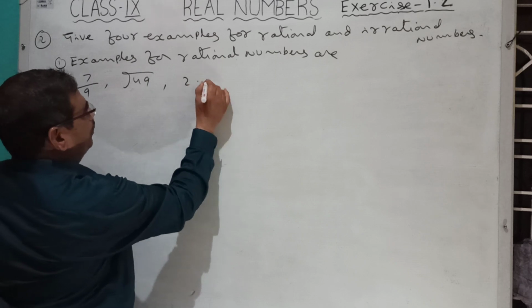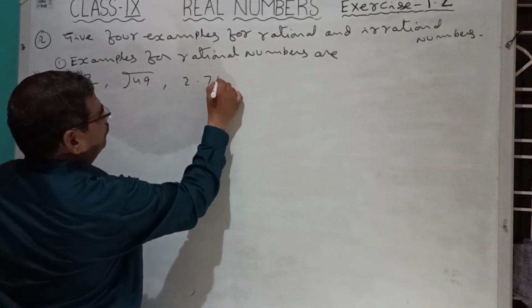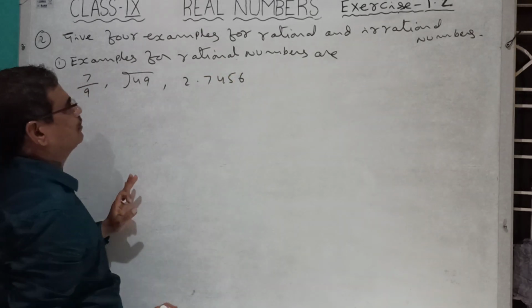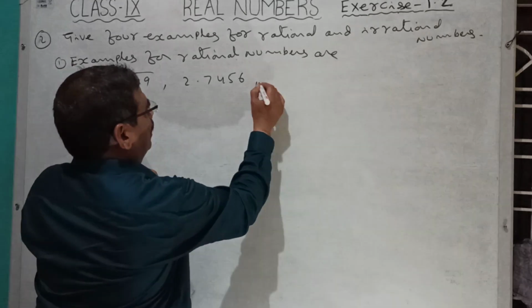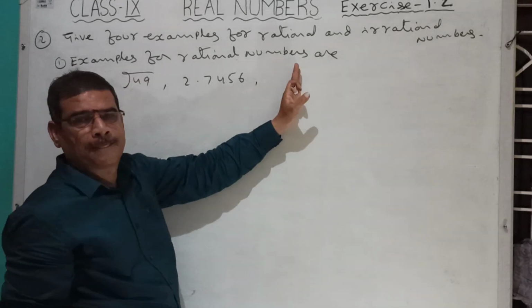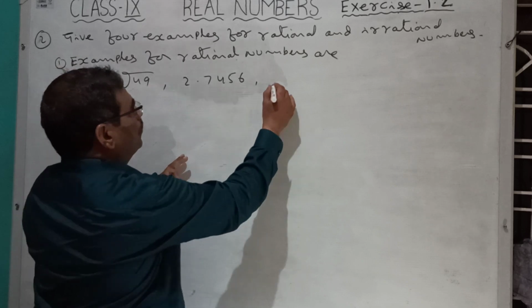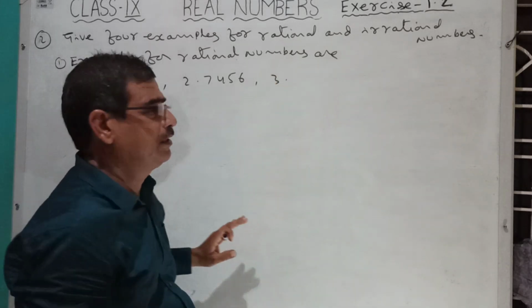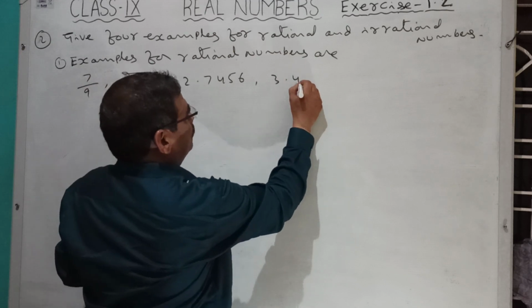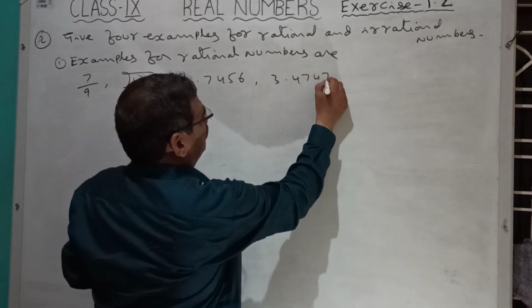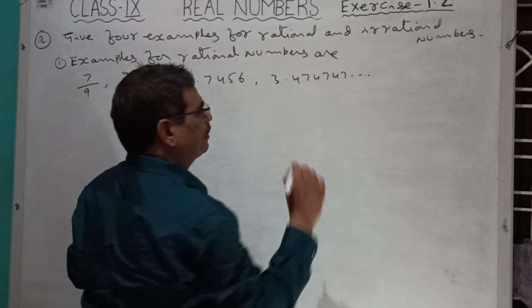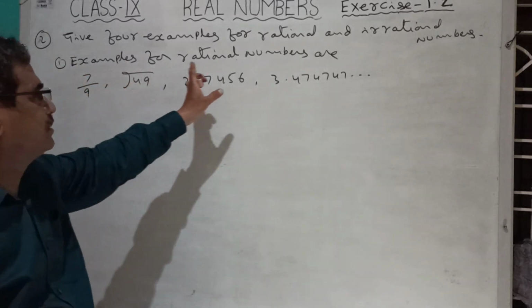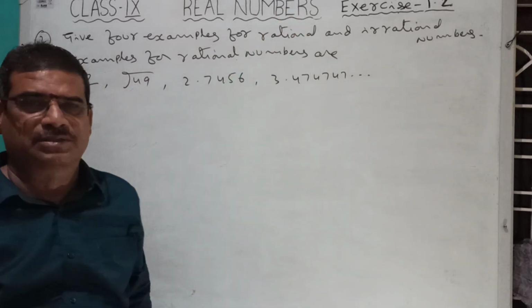So 2.7456, and last one 3. I am writing repeating decimal, non-divided, 3.474747, so on. So these are the examples for rational numbers.